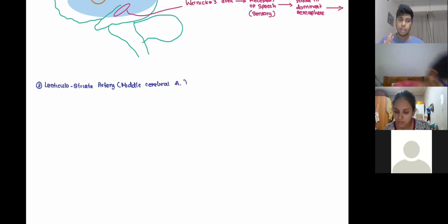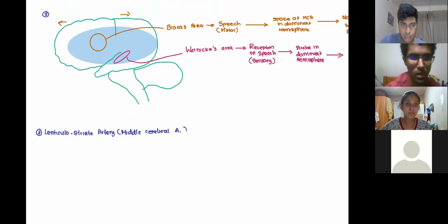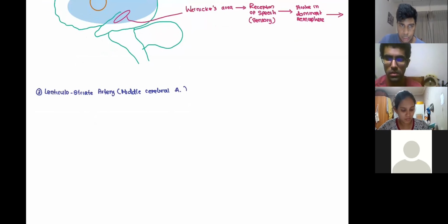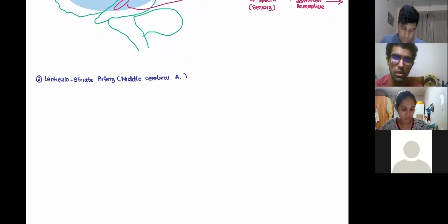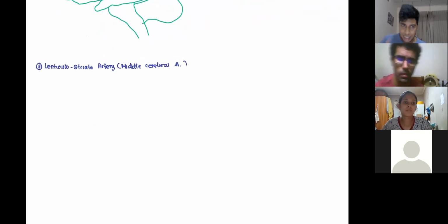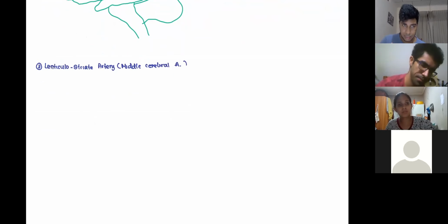I got a question earlier asking if the internal capsule is going to be supplied by the anterior cerebral artery or the middle cerebral artery. I'm going to answer that here. This is a big word, but those who did Parkinson's with me should know what this is.